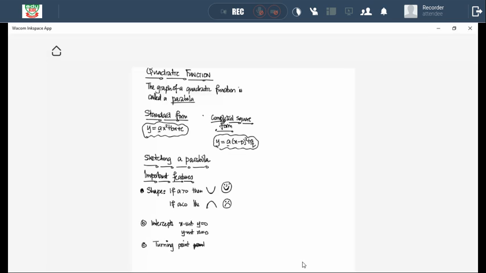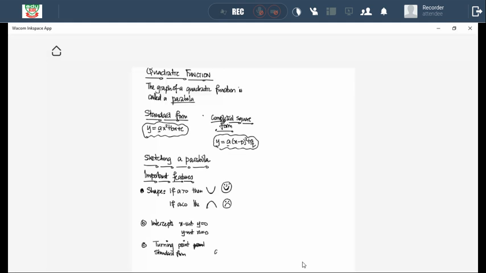The turning point is deduced in two different ways, depending on the type of function that you have. If you look at the standard form and you want the x coordinate at the turning point, let me just say standard form.